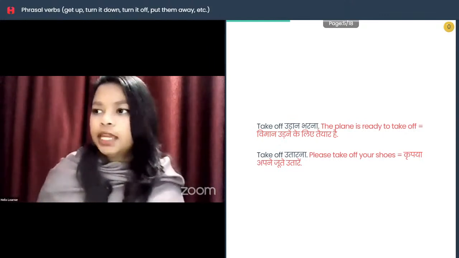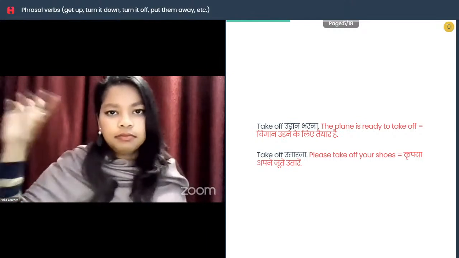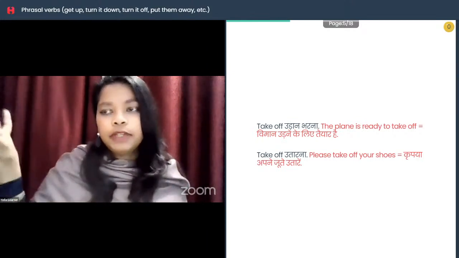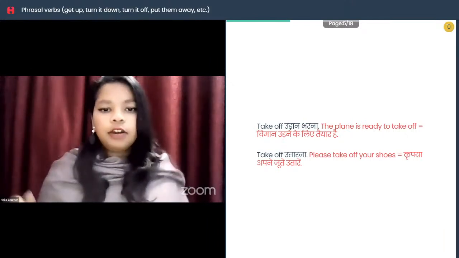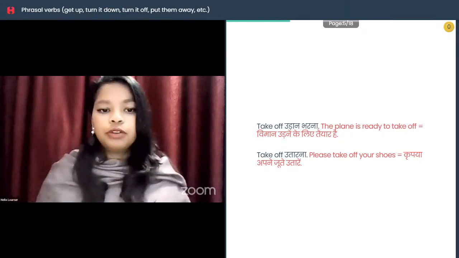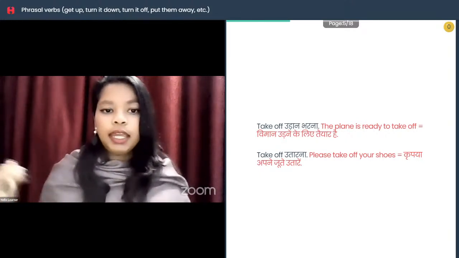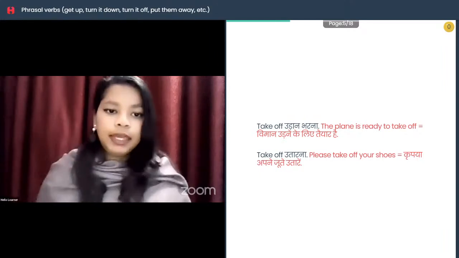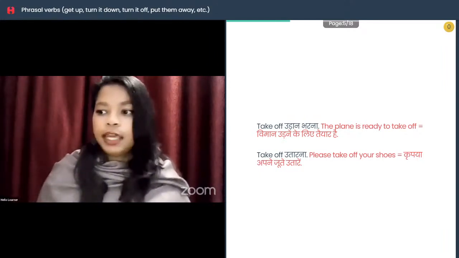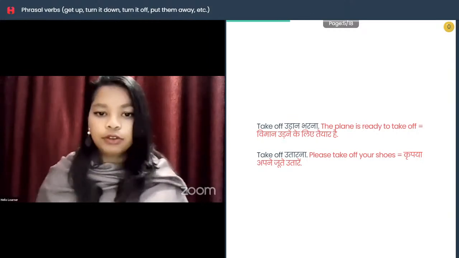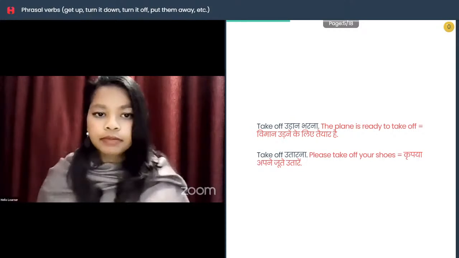Or please take off this packet on the top of the shelf. All right. So take off: the first one is udan bharna, the plane will take off at 5 p.m. And the second one is utarna, take off. Take off your shoes, take off your clothes, take off your muffler, take off your coat.